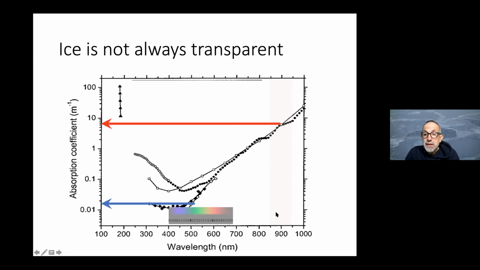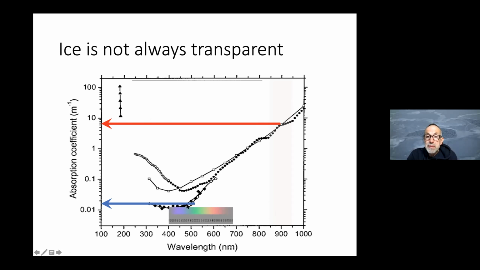While when we go here to this wavelength of 900 nanometer, which is called near infrared, it's almost 1,000 times more. So only a tenth of the light arrives at 1 meter distance.